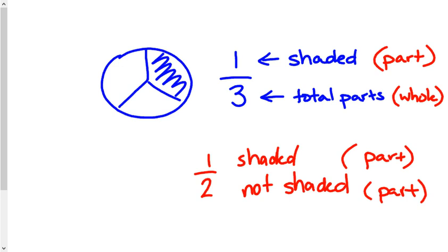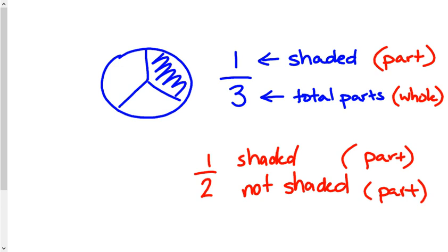A part-to-whole ratio is like a fraction. Any fraction is a part-to-whole ratio. But fractions are never going to be a part-to-part ratio, because one of the numbers has to be the whole. So again, fractions are part-to-whole ratios.